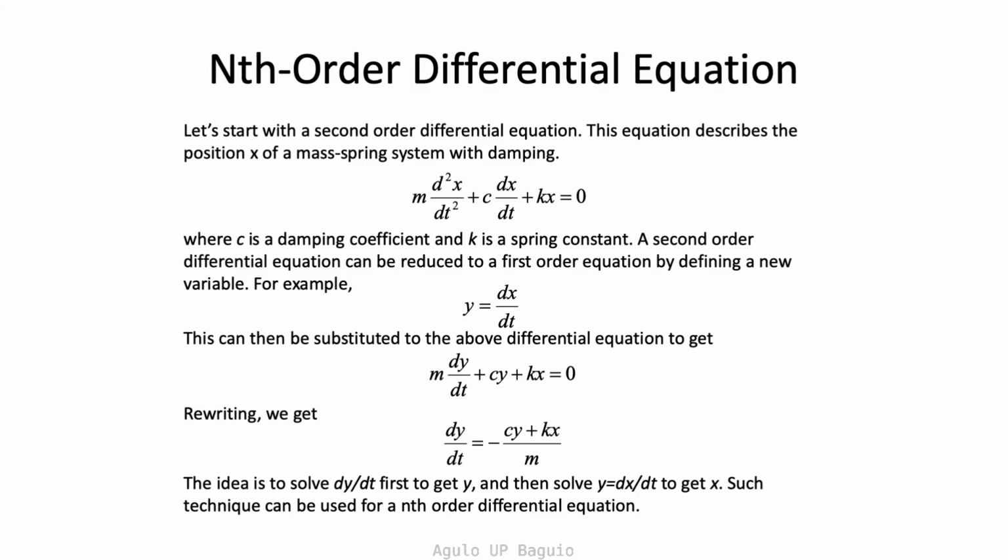To get to the next step, x3, we first need to solve for y3 using this differential equation, and then plug y3 there to get x3. Then for t4, we solve y4 using this differential equation, plug in y4 here, and use that to get x4, and so on and so forth.